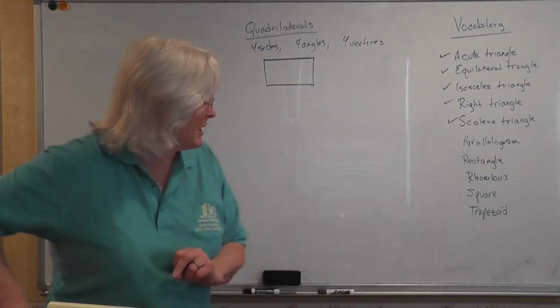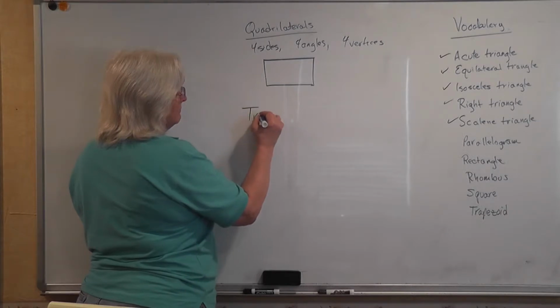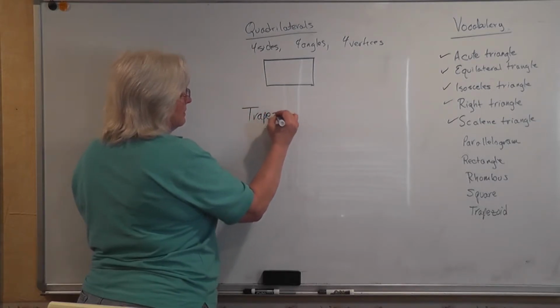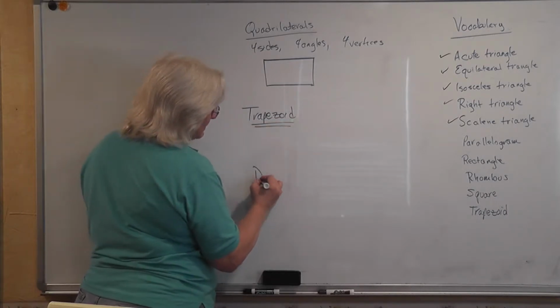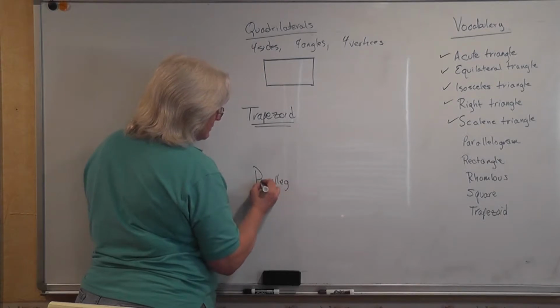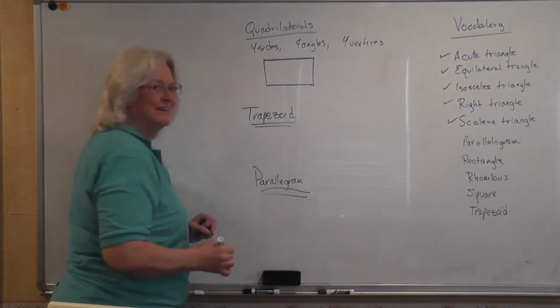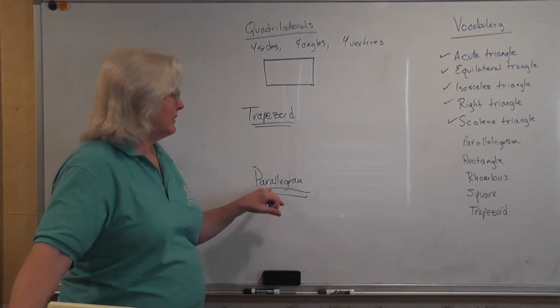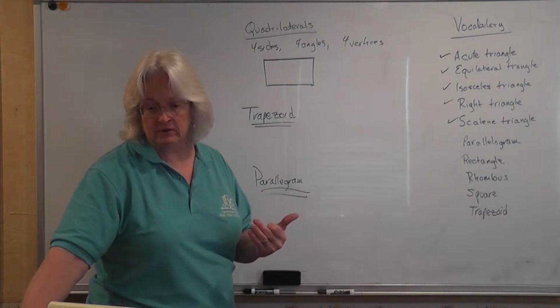We have a trapezoid and we have a parallelogram. What do you think is going to be specific about this parallelogram? Look at the meaning of the word, parallel. Something's got to be parallel in the parallelogram.